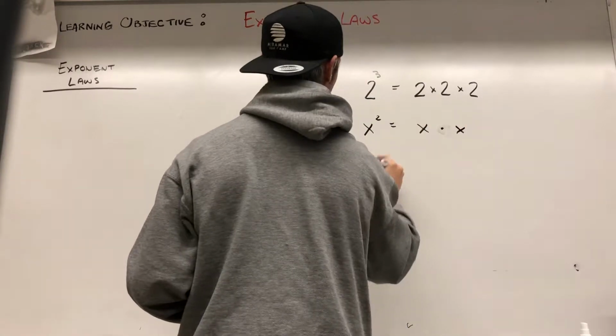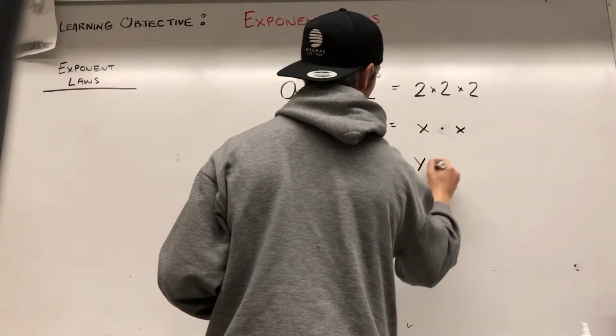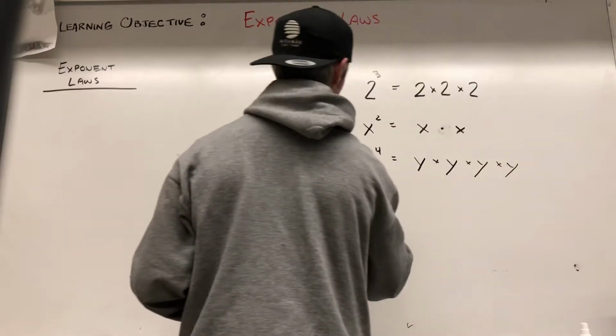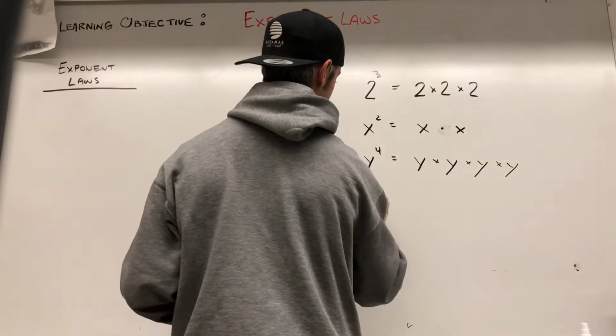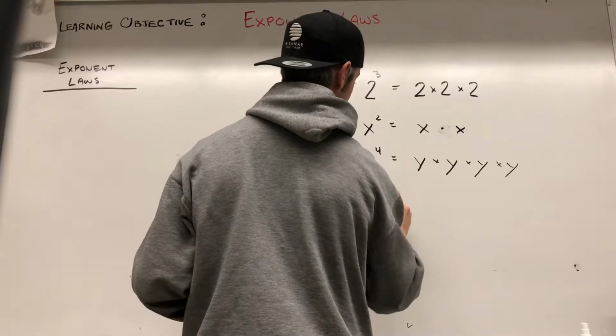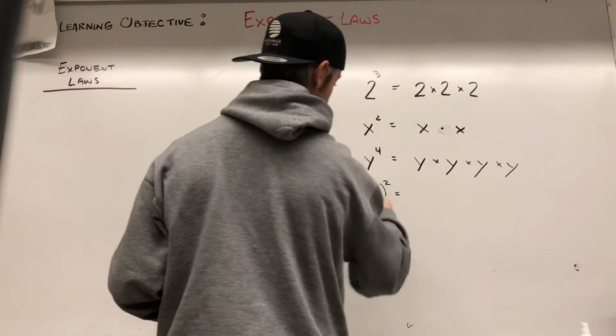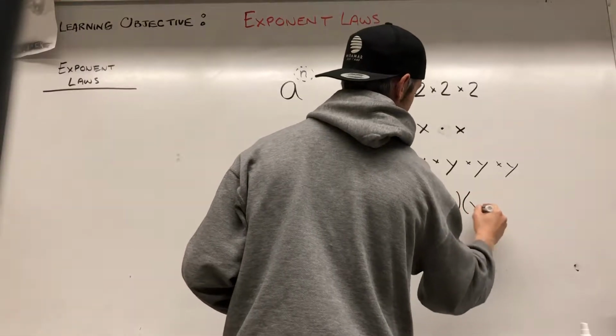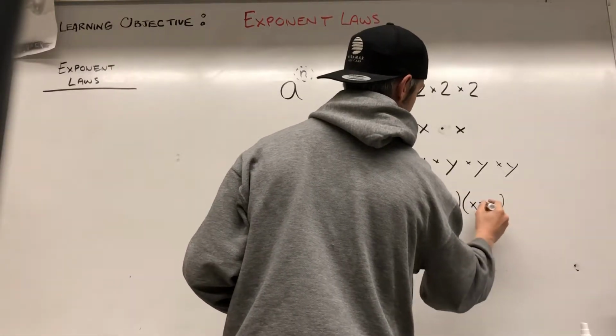If I had y to the power 4, it tells me I have to go y times y times y times y. And then we haven't even seen binomials or polynomials, but if I have x plus 2 squared, it just tells me that everything inside here must be multiplied by itself twice. Okay? This is what exponents tell us.